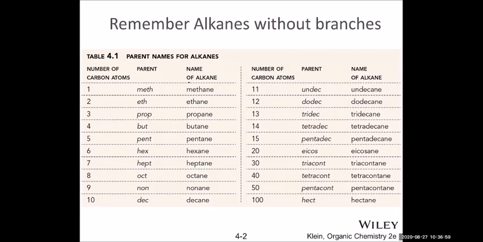These 4 need to be memorized, because the others look familiar. Penta means 5, so 5 carbons is pentane, 6 hexane, heptane for 7, 8, 9, 10.